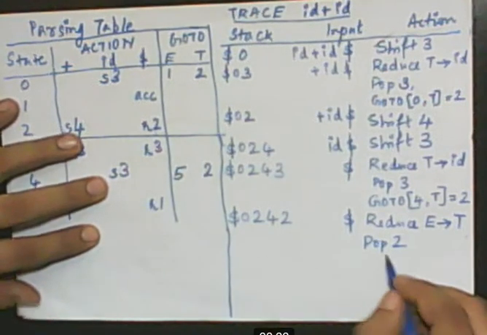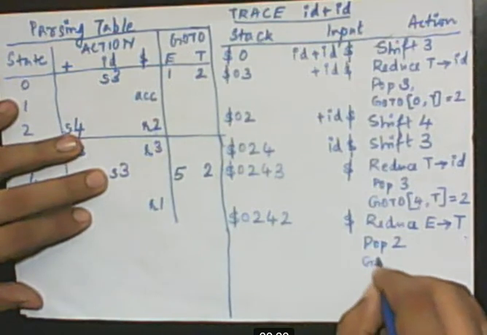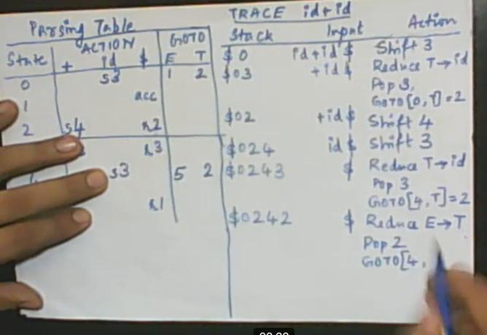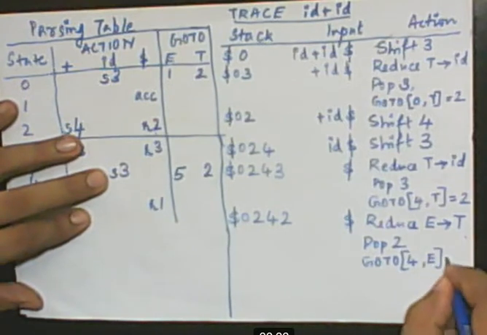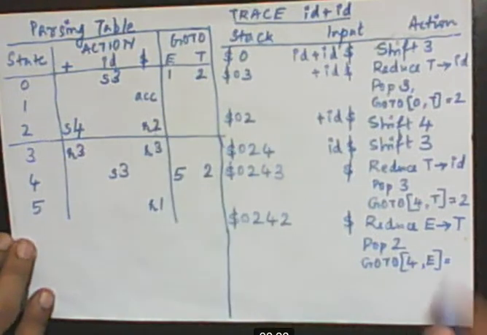And what happens? You have 4 on top. So find the go to 4 comma E. 4 on E, it is 5.